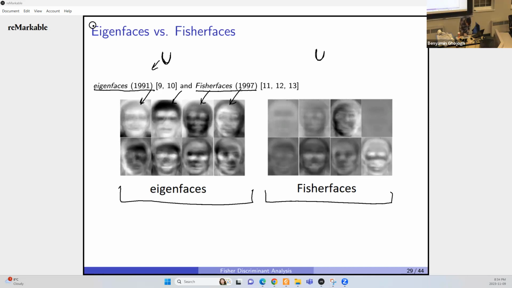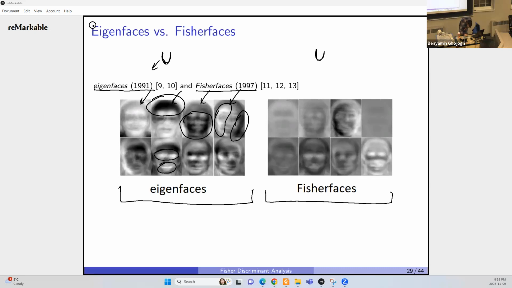Let's take a look at its eigenvectors. It has captured different facial characteristics. One of them has captured hair. This one has captured face cheeks. This one, maybe this part and this part. This one, mouth and also eyes.